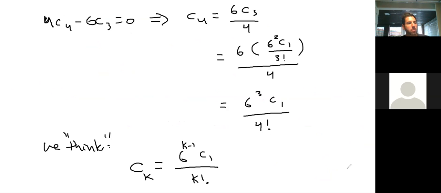So what you should start thinking is something's going on here that looks familiar. These factorials pop up. Let me write that 6 a little prettier, a little cleaner. And then not only do the factorials pop up, which we've seen lots of times, but this coefficient looks very similar to a very familiar function.